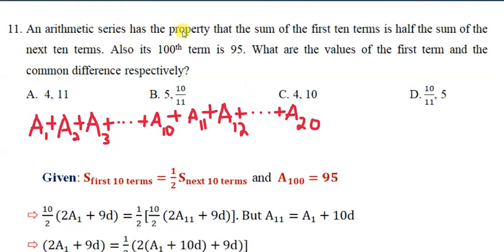But this question says that the sum of the first 10 terms is half the sum of the next 10 terms, which means the sum of this one, let us call it S1, and the one which starts from a11 up to a20, also call it S2.